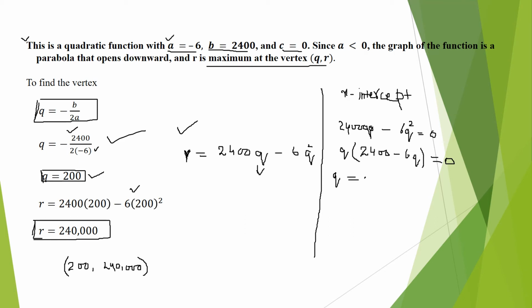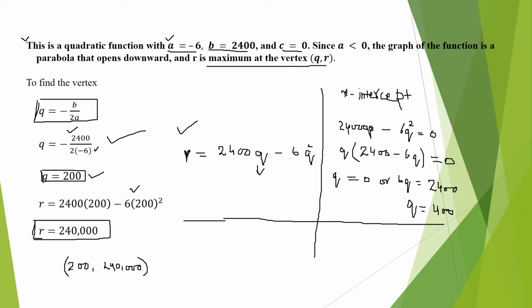The first is q is equal to 0, or 6q is equal to 2400. So dividing both sides by 6, q is equal to 400. So here we have two values of q.